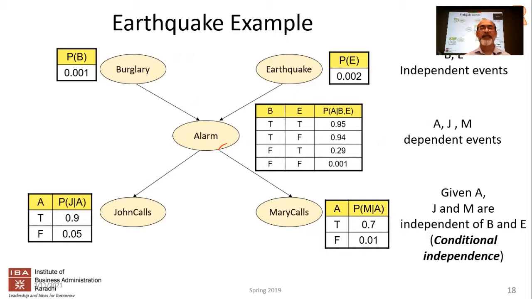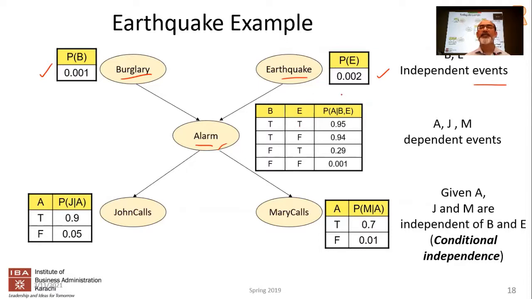But here, the example was that you had independent probabilities, so independent events being burglary and earthquake, and there's a certain probability of this happening. I've made slight changes over here to be consistent with the book so that you can check your answers. And then we have conditional probabilities, the probability of an alarm given that a burglary happens, or the probability of an alarm given that an earthquake happens.